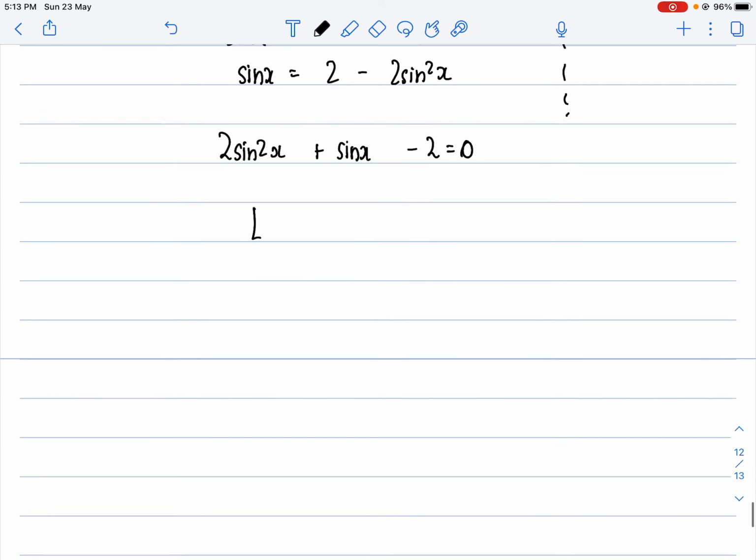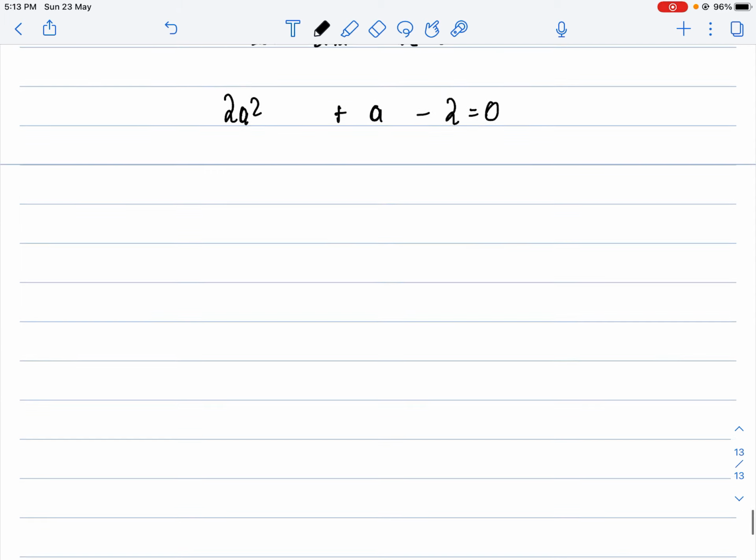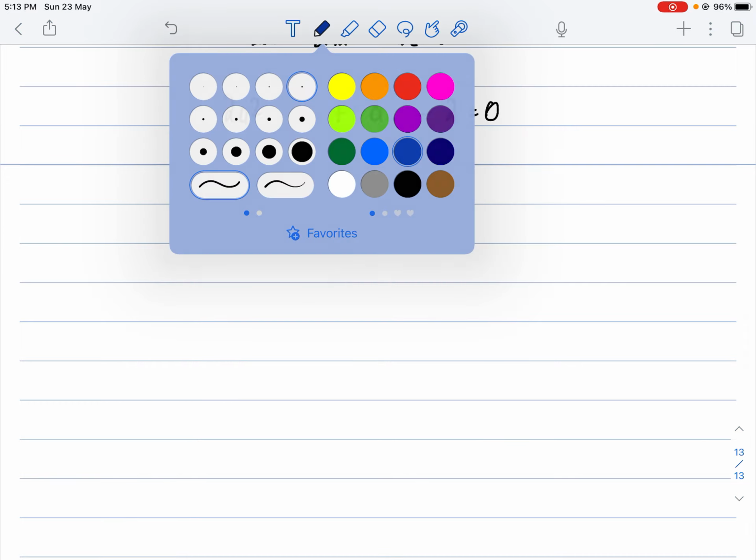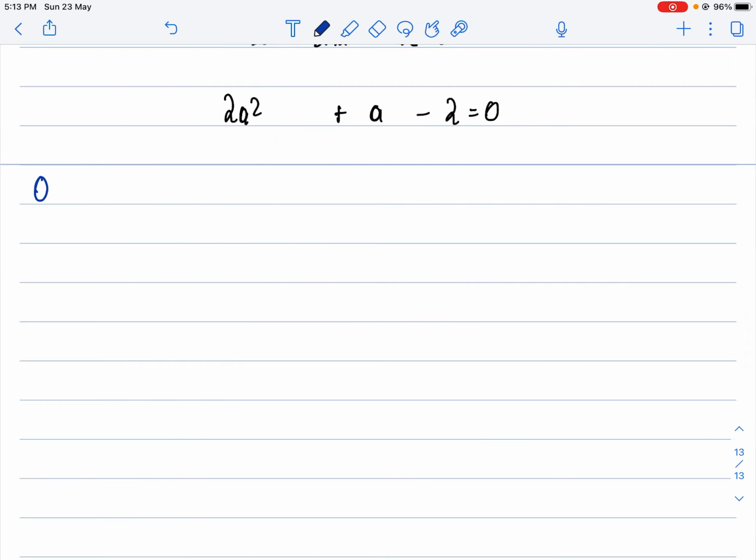Now I can say let sin x be a. So I can write this as 2a square plus a minus 2 equals 0. Now you need to solve this on the calculator. On the calculator, first click on mode. When you click on mode, click on 5 where equation is written.